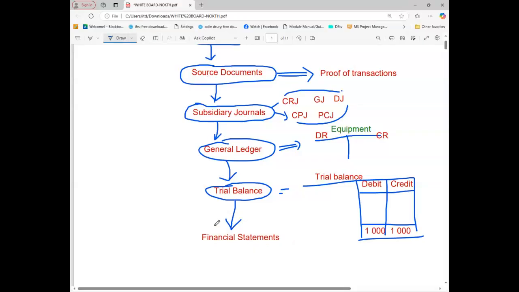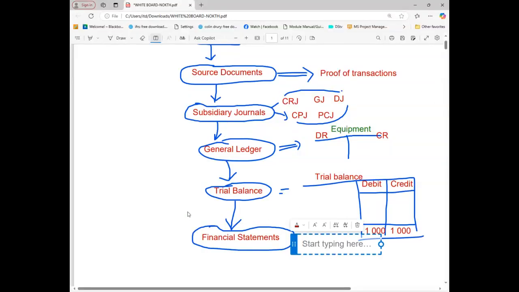Maybe you heard about them. For example, do you know the statement, in my time and in your time, we used to call that statement the income statement? Do you remember that?